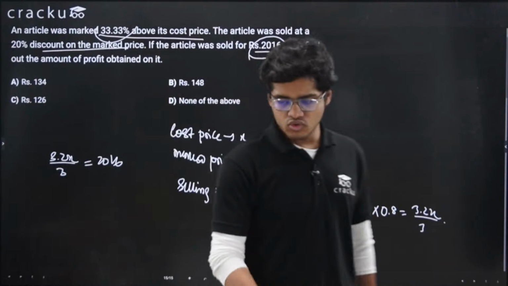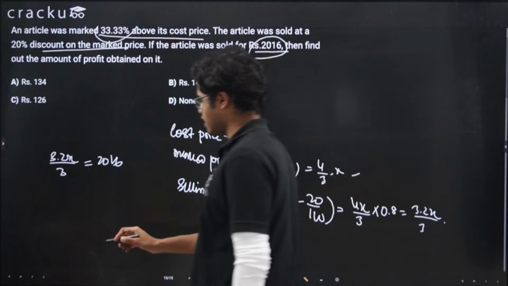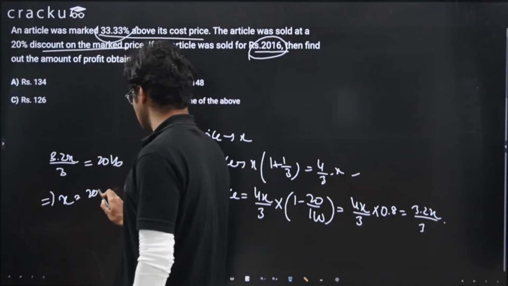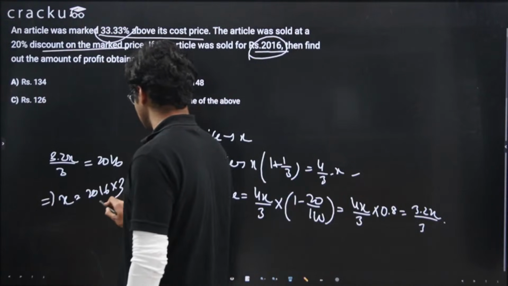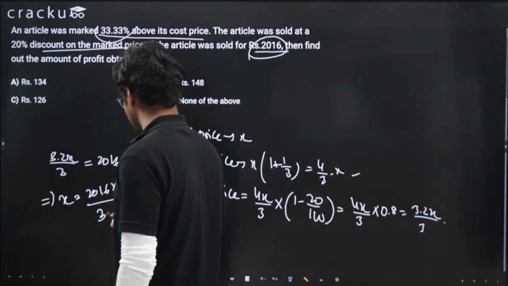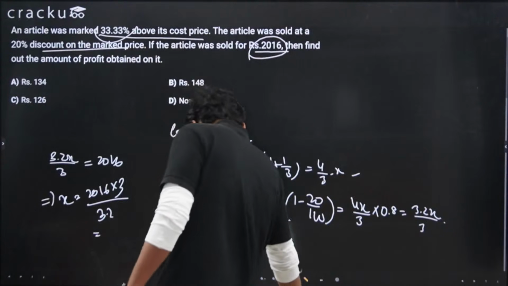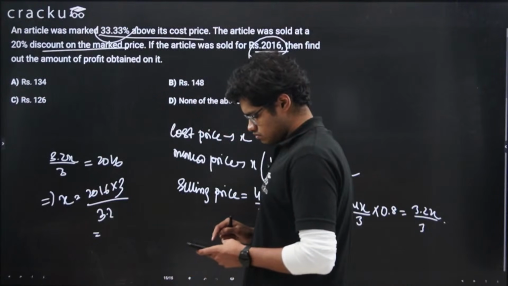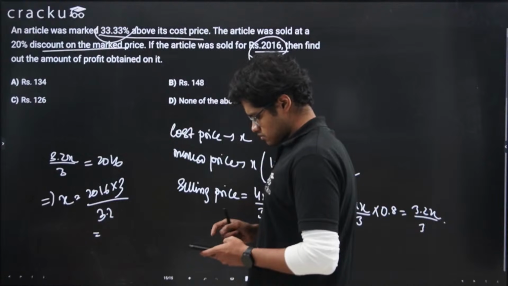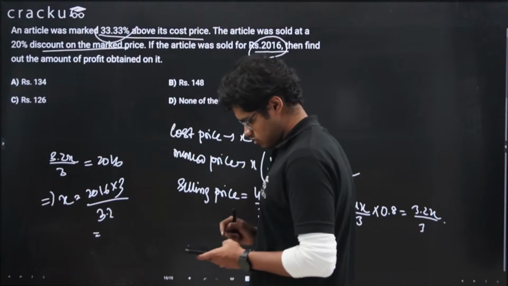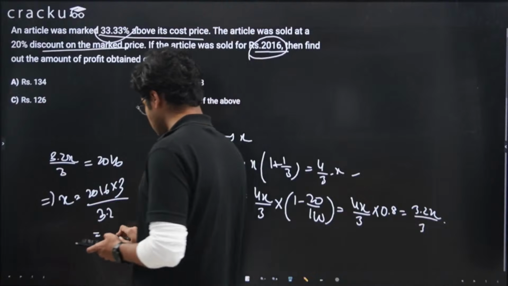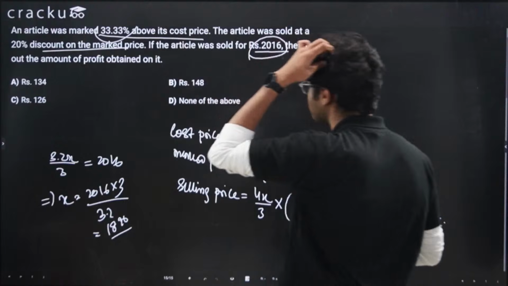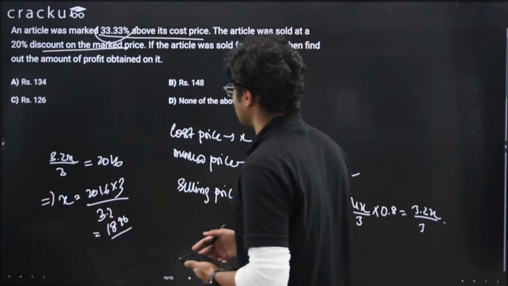Or I can write x equals to 2016 into 3 divided by 3.2, which is 1890. X is 1890.